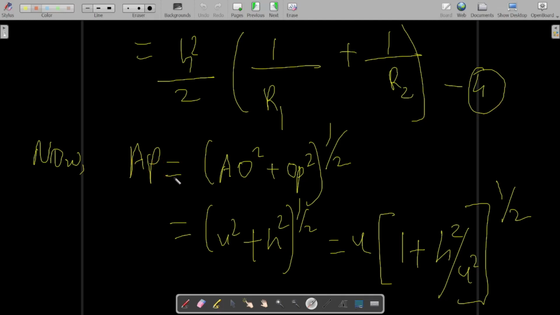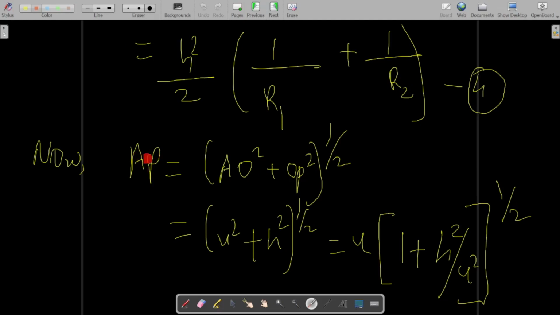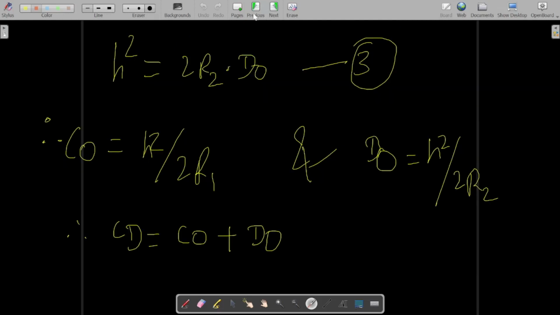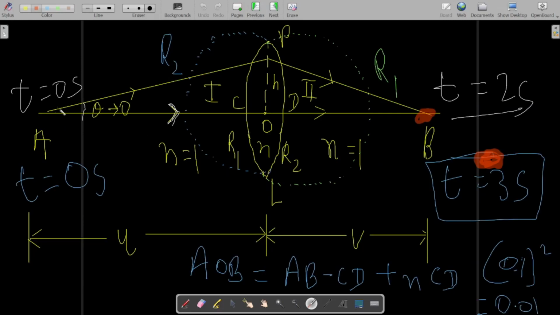Now AP is equal to this much. How has this come? From Pythagoras theorem. Let us understand what AP is. Three terms are there: AP, AO and OP.